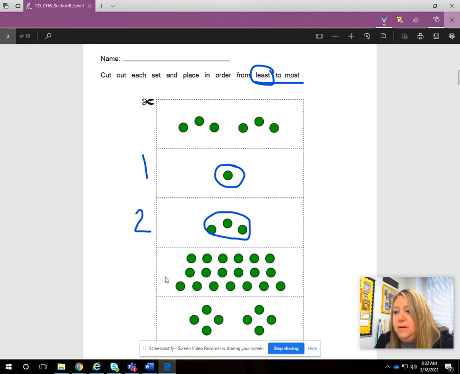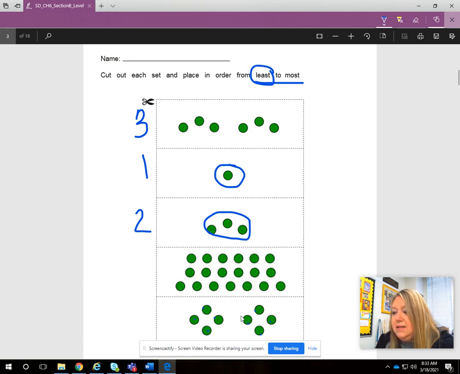So the next least amount would probably be either this one, 1, 2, 3, 4, 5, 6, or 1, 2, 3, 4, 5, 6, 7, 8. So 6 definitely is least. So this is going to be number 3. So 1, 2, 3.